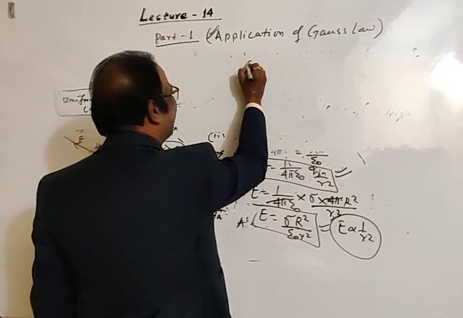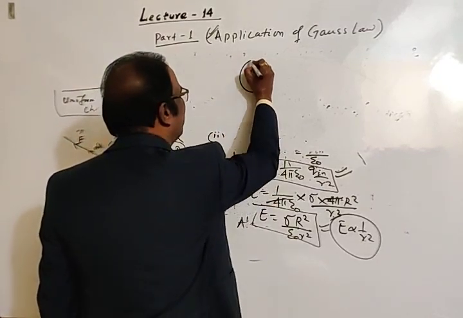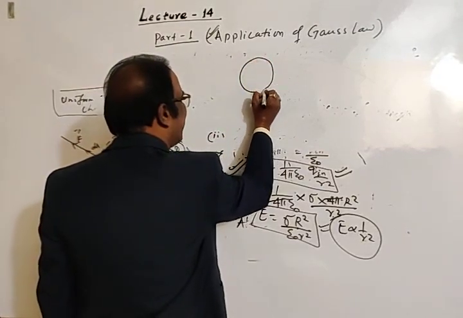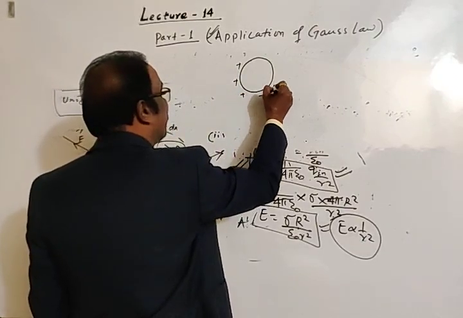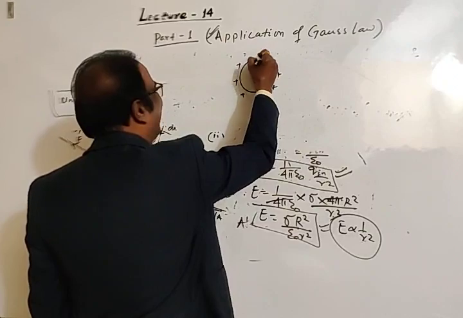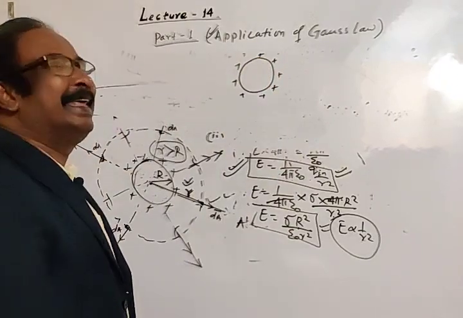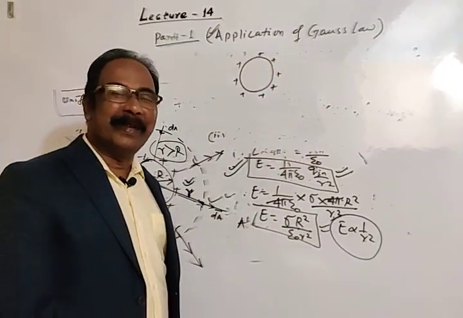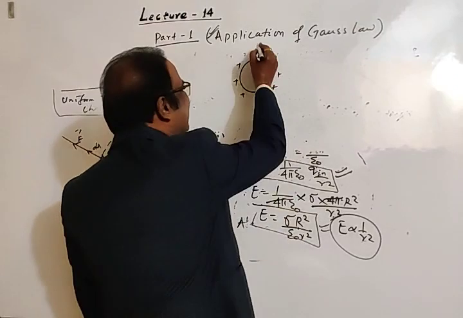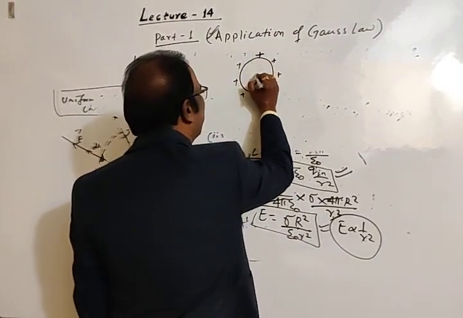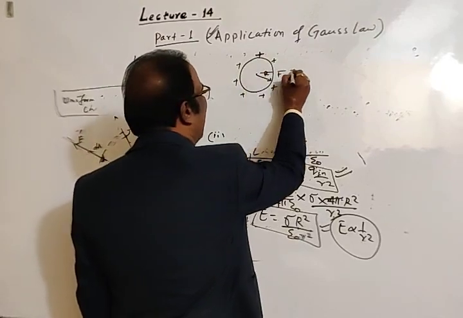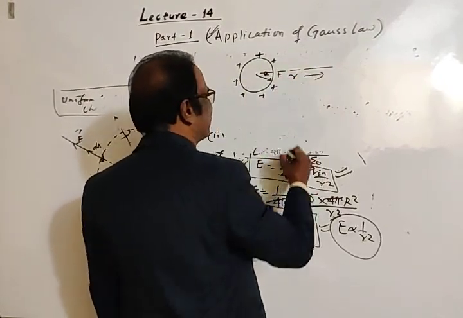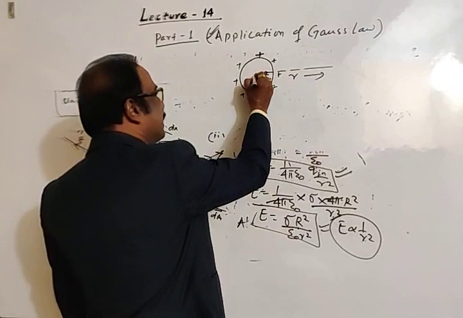This is the charged sphere, a uniformly charged sphere, maybe a conducting sphere, or a thin spherical shell, which may be insulating or may be conducting. Charge is distributed on the surface, and this is the radius. Small r is any distance. This is the center of the sphere.